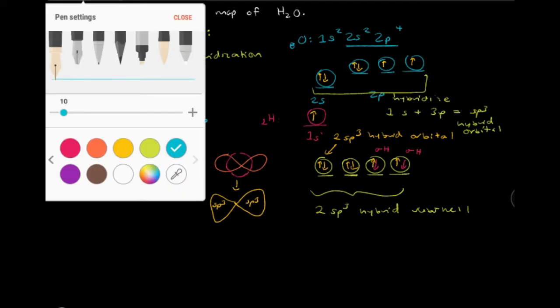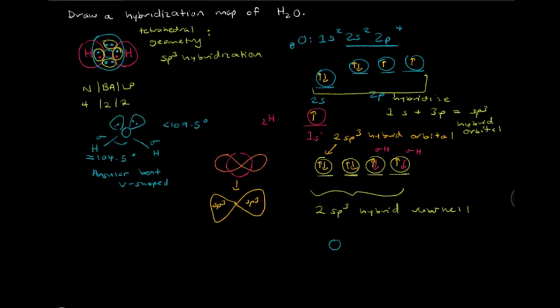So now my oxygen here will look like that, and I'm going to have an sp3 hybrid orbital here, sp3 hybrid orbital here, right? And we're going to also have an sp3 hybrid orbital here, sp3 hybrid orbital here.